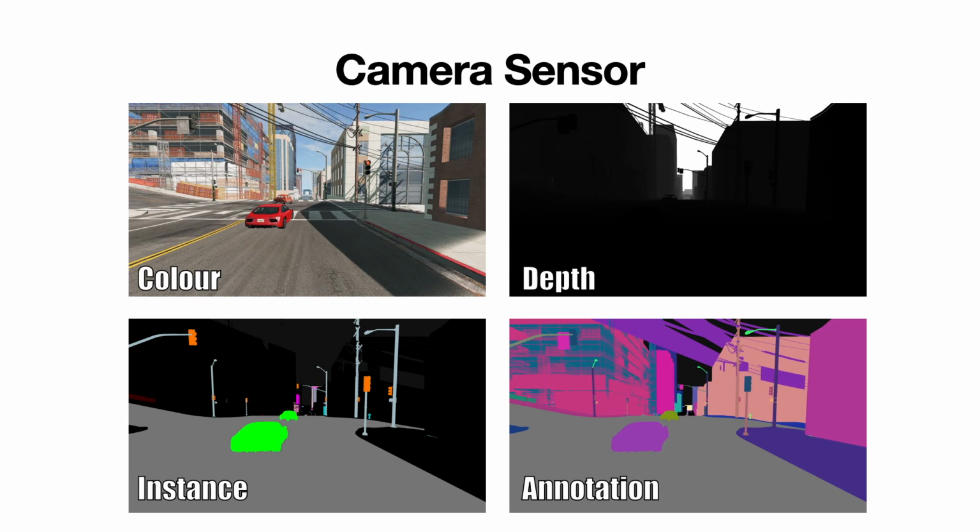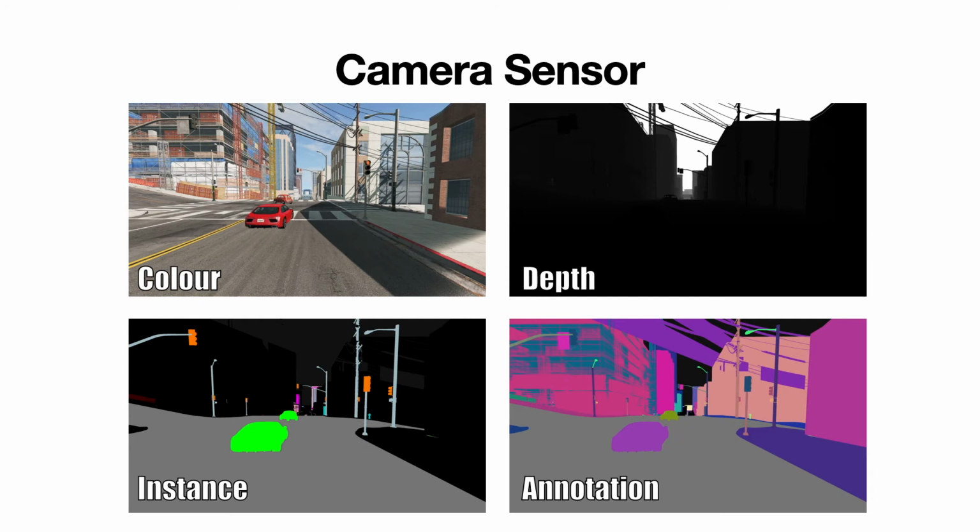You can use a camera sensor, and the camera sensor in BeamNG provides you 4 different types of camera. The color one, which is what we are going to use, but you can also have pixel-perfect annotation, depth cameras, and instance values that tell you exactly what's inside the image, to help you test different levels of smartness of your AI.